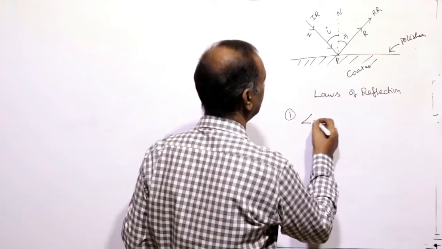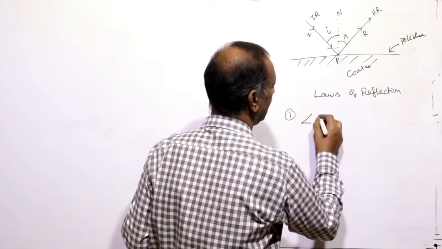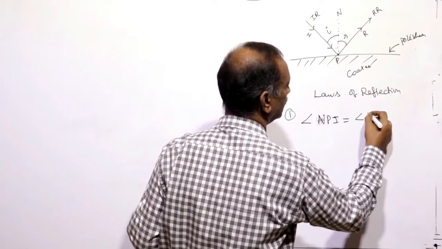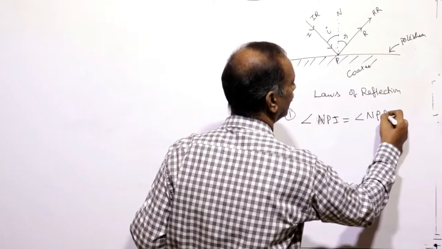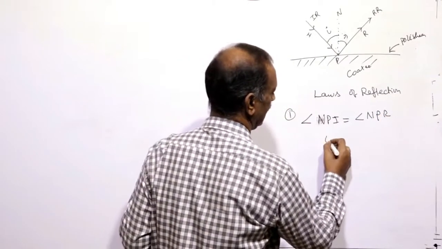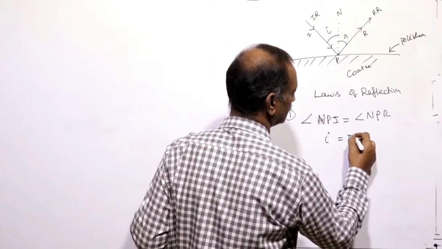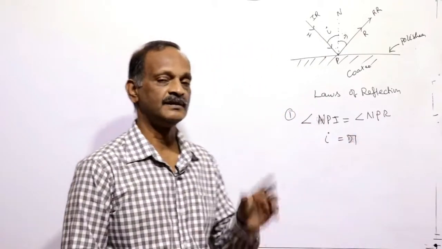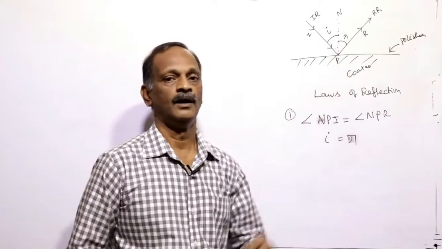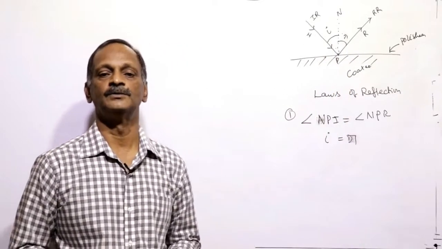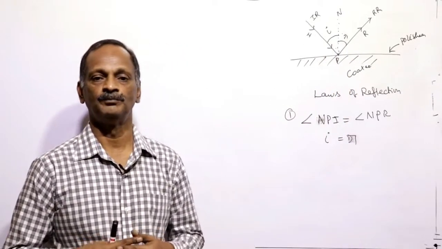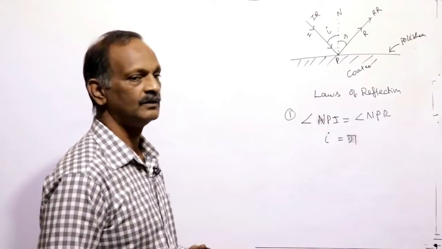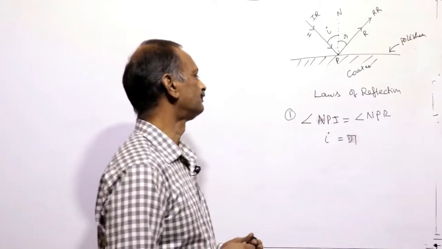That is, angle NPI is equal to angle NPR, that is, i is equal to r. This is a very important result. This result we will be using everywhere. And how to draw the normal, you should be able to know.